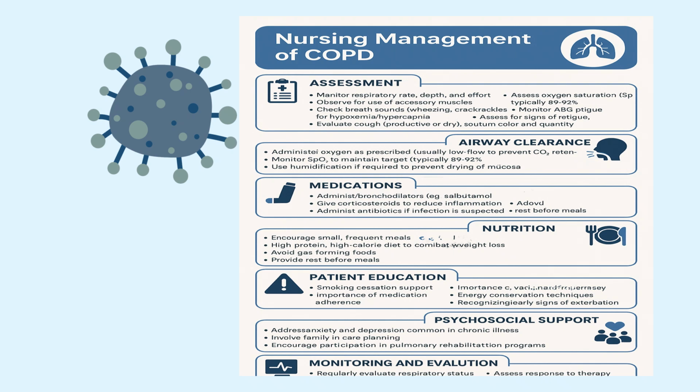So oxygen therapy, we always suggest to give, but we always try to maintain the optimal level of 88 to 90%, or 92%, but not more than that, because when we give more oxygen, that does more harm than benefit. Why? Because we have to balance the risk of hypoxemia and hypercapnia.